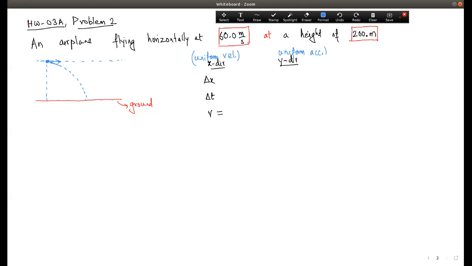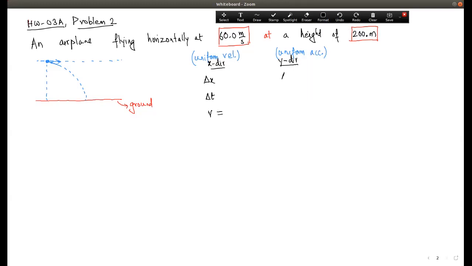How do I know that? Because we are talking about something being dropped in air, and in air, assuming there is no air resistance, we have everything falling at 9.8 meters per second squared vertically, and horizontally there is no acceleration. So that's no acceleration means uniform velocity.